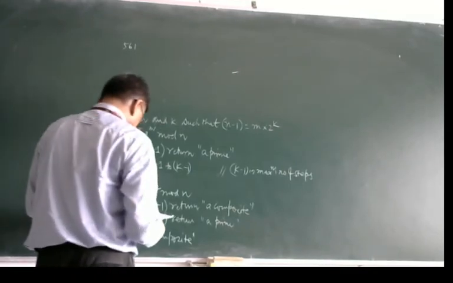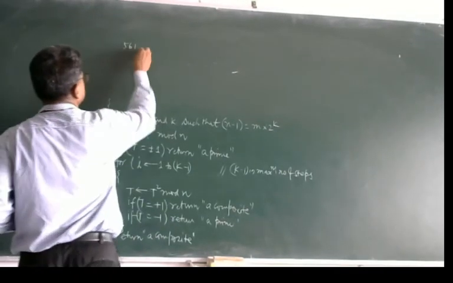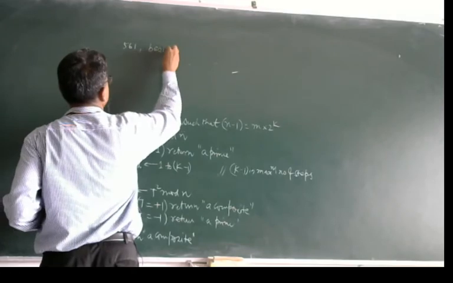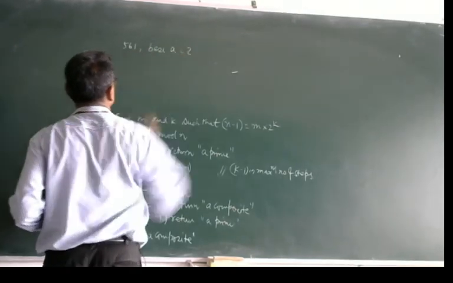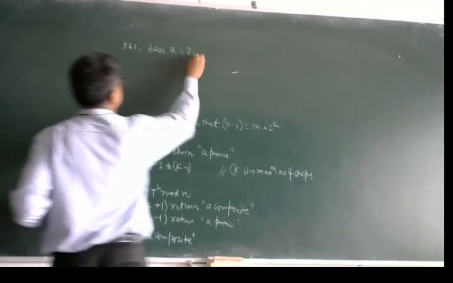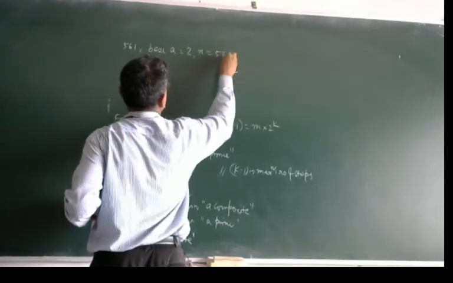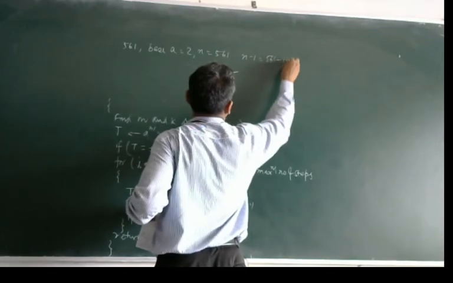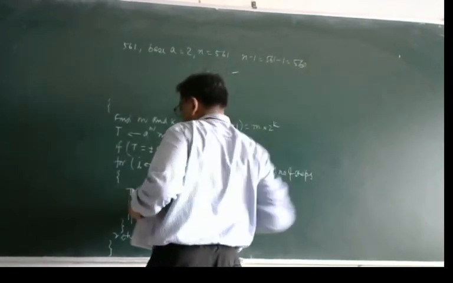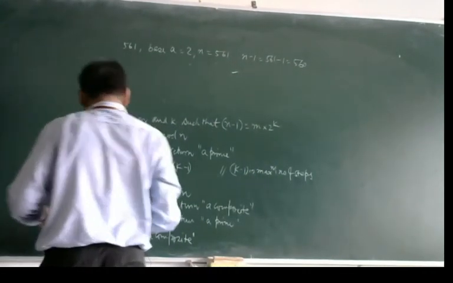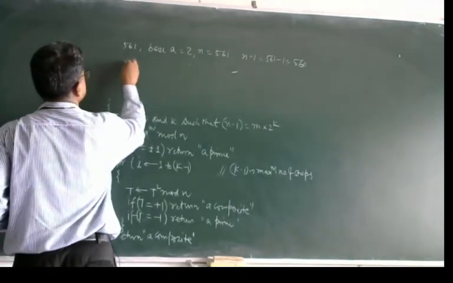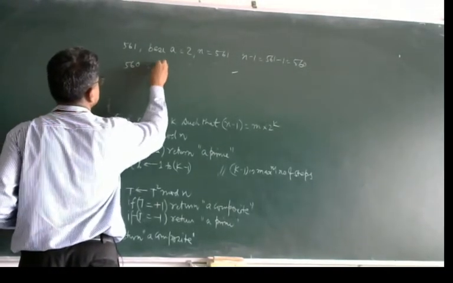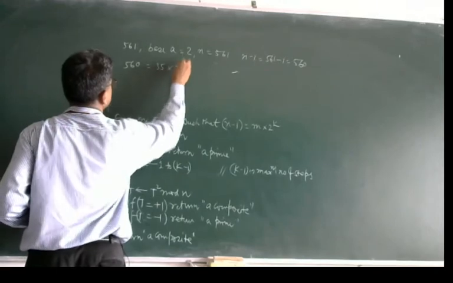Suppose we consider base a equal to 2, and n is 561. So n minus 1 will be 561 minus 1, that is 560. 560 can be written as 35 into 2 to the power 4.